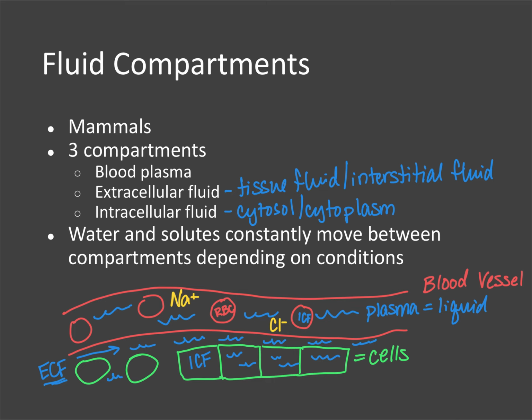So the interesting thing is that in some cases, the solute, so in this case, the sodium is the solute, as is the chloride, can potentially move between areas, but the water can also move between areas.